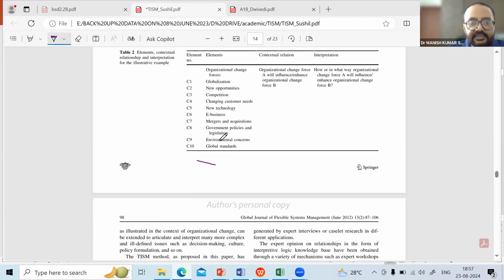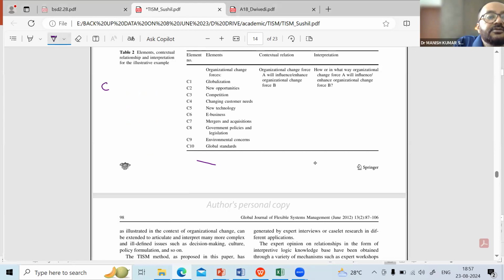So the questionnaire we create for this level. For example, I'm talking about C1 impacting C2. I'm going to the respondent with the questionnaire. For the questionnaire preparation, we will just write that these are the factors for organizational change forces.